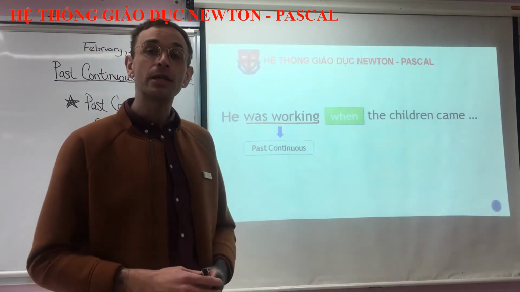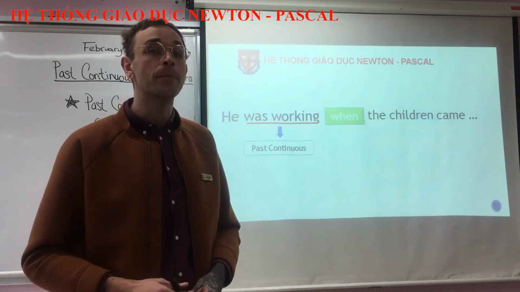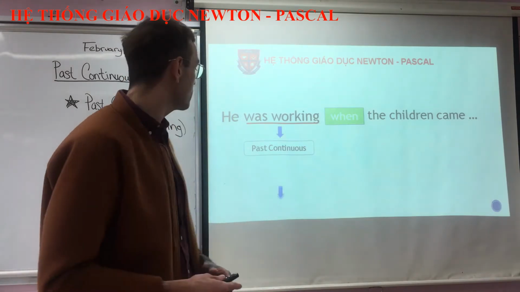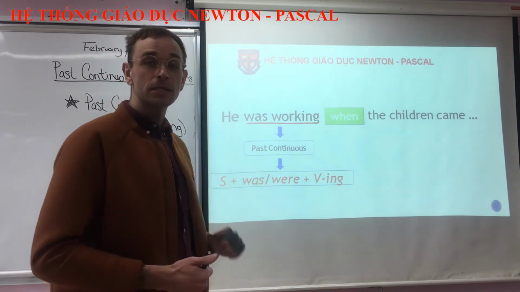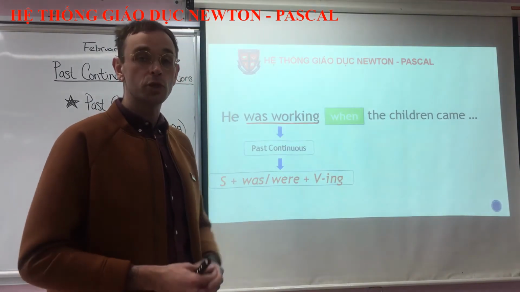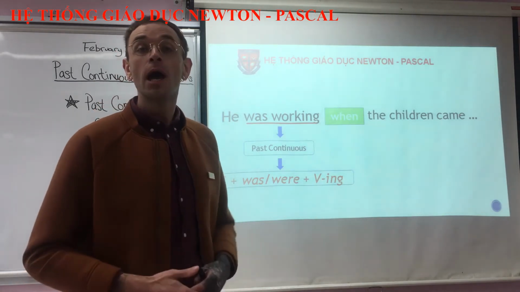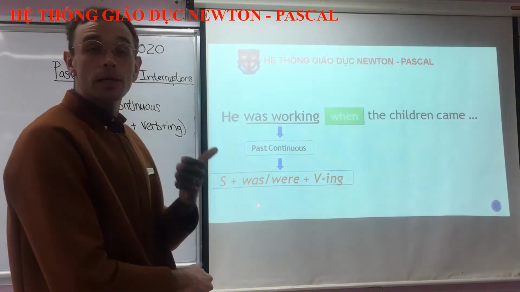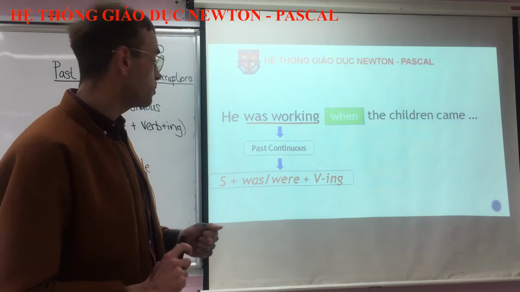And verbs that are in the form past continuous have a special rule for them. The rule to make a verb in the form of past continuous is to have a past tense form of the verb to be. Remember, we have two past tense forms of our verb to be, was and were.